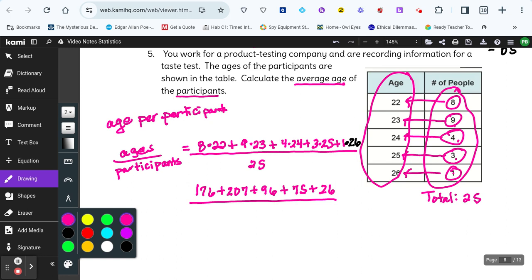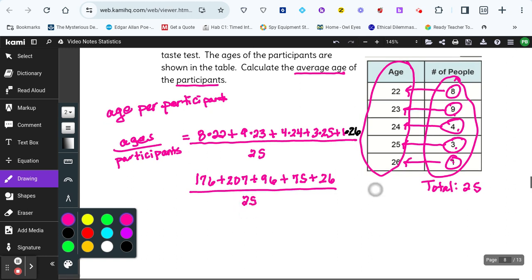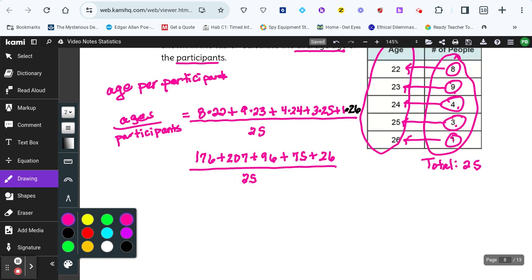All divided by 25. Okay? So you got 176 plus 207 plus 96 plus 75 plus 26. So you got 580 divided by 25. So that would be 23.2.